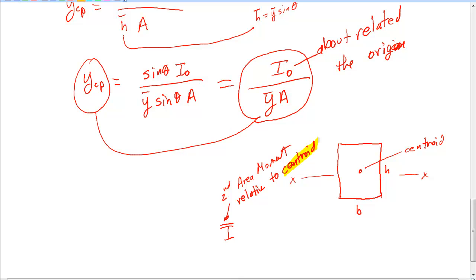It is referenced to the centroid. It's that simple. No one is going to put that in the tables and not reference it to the centroid because it doesn't make sense to do that. So they always give 1/12 base times height to the third. That's my height, by the way.